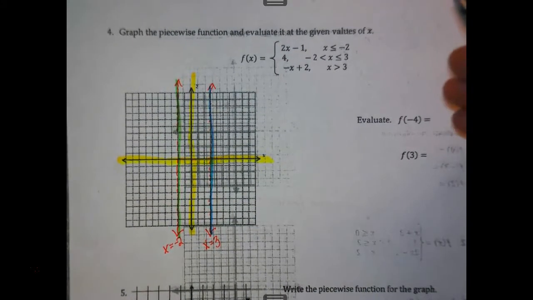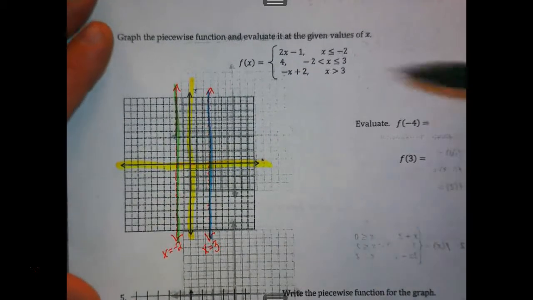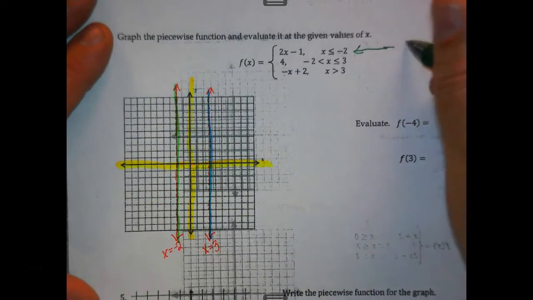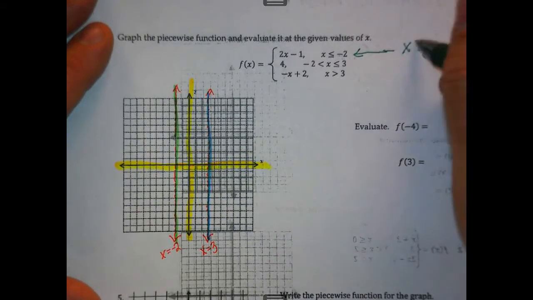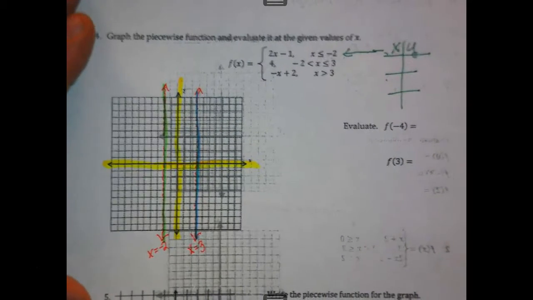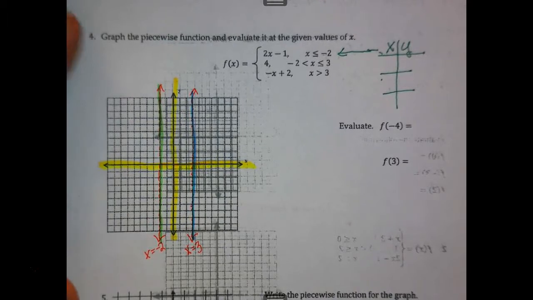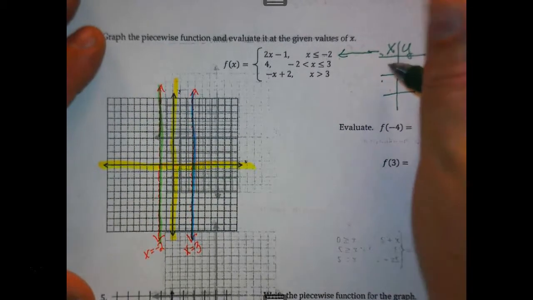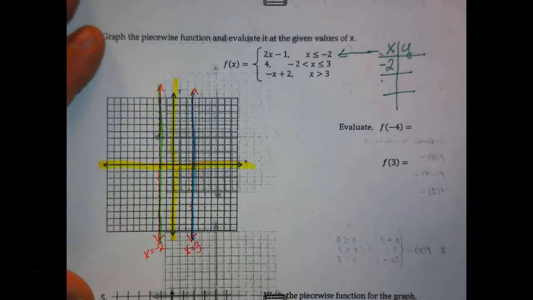Okay, let's make a t-chart for the first one. What do I have to choose for x? What do I have to use for x? I have to use -2 for one of the points.